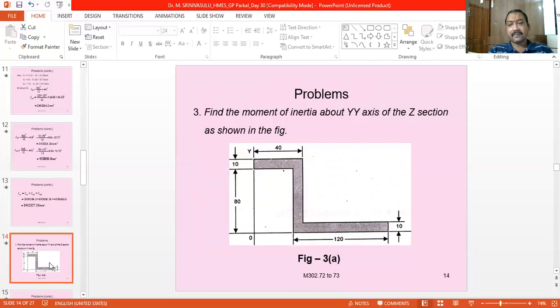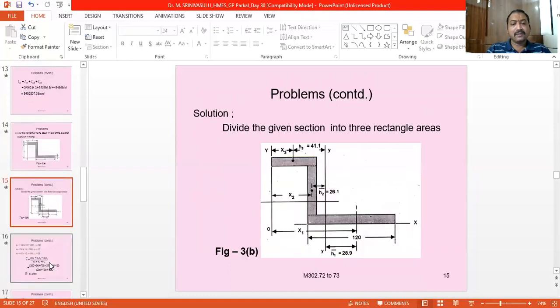Now take down the problem. Find the moment of inertia about YY axis of the Z section as shown in the figure. Now I think you have copied the figure with the given dimensions.